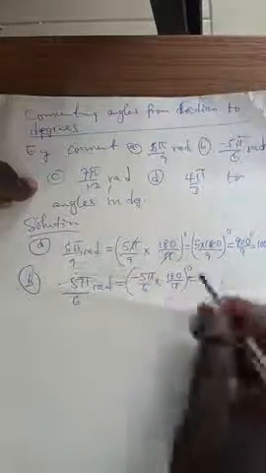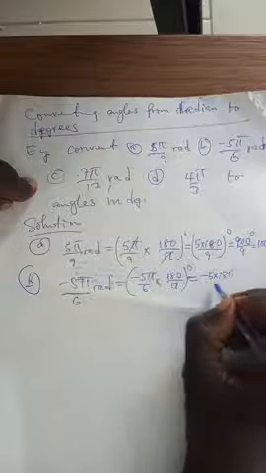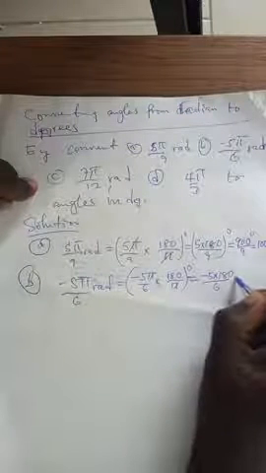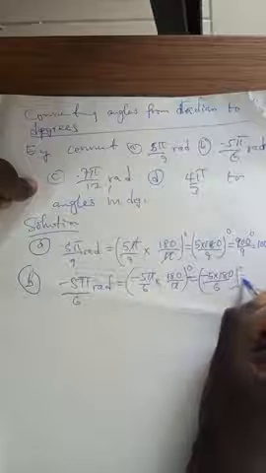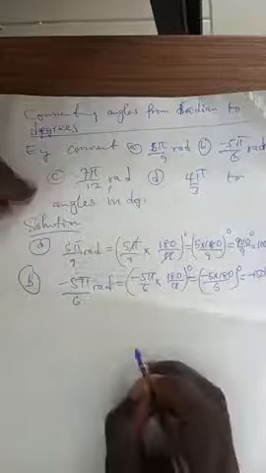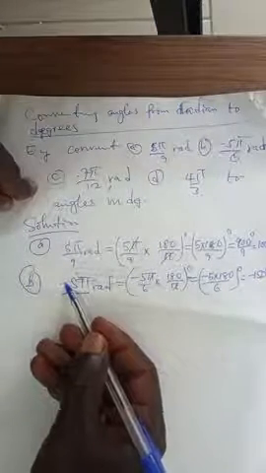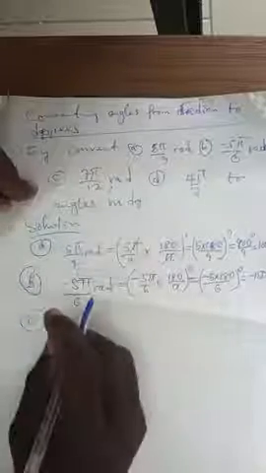All we have here is minus 5 times 180 over 6. And the answer is in degree. And this is going to give us minus 150 degrees because of the negative that is here from the beginning of the question.